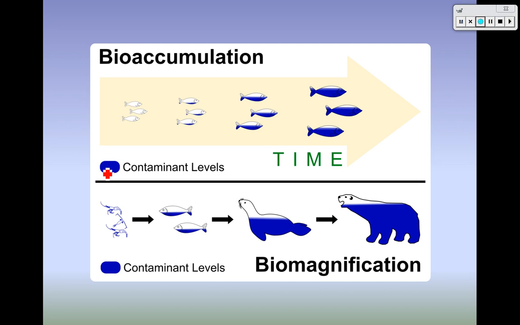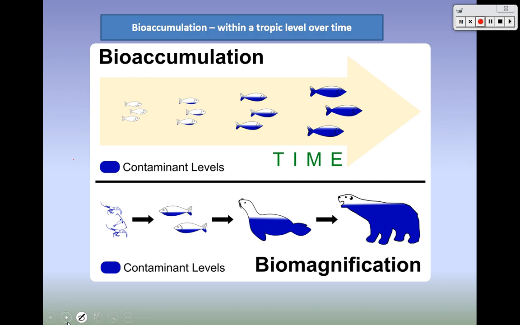These are things that humans tend to pour into their waterways that then end up in the fish, that end up in the seals, that end up in the polar bears, or that end up in the stuff that we eat. And so one of them is bioaccumulation, and bioaccumulation is within a trophic level over time. So this is time here, meaning these three fish are the same three fish. This is just when they're little fish, and this is when they are older fish.